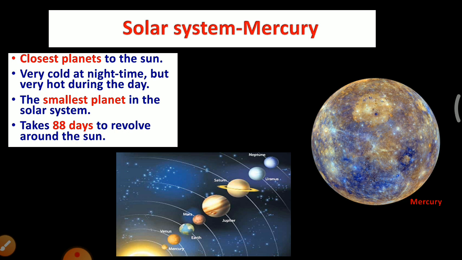It is the closest planet to the Sun, and it is very cold during the night time and very hot during the daytime. It is the smallest planet among all other planets, and it takes 88 days to complete one revolution.